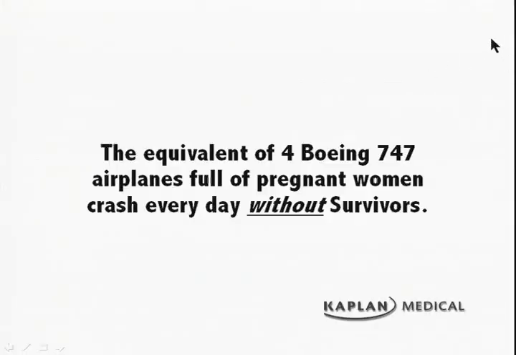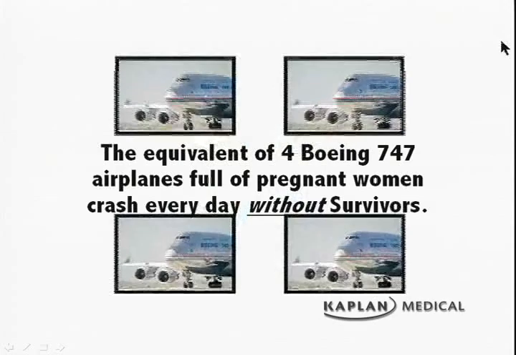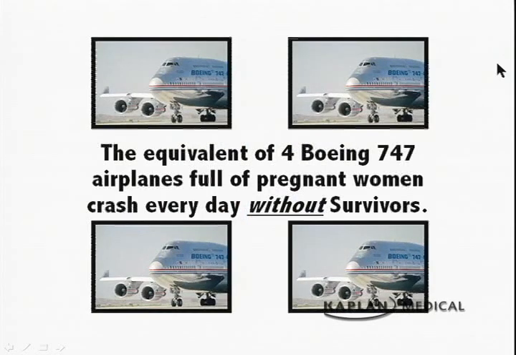Around the world, the equivalent of 4 Boeing 747 airplanes full of pregnant women crash every day without survivors. Now, there aren't 4 Boeing 747s that crash with pregnant women. But if you take the number of women who die every day around the world from pregnancy or pregnancy-related causes, it would fill 4 Boeing 747s.